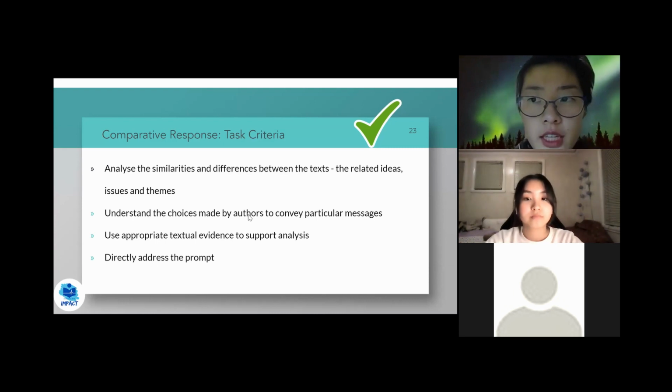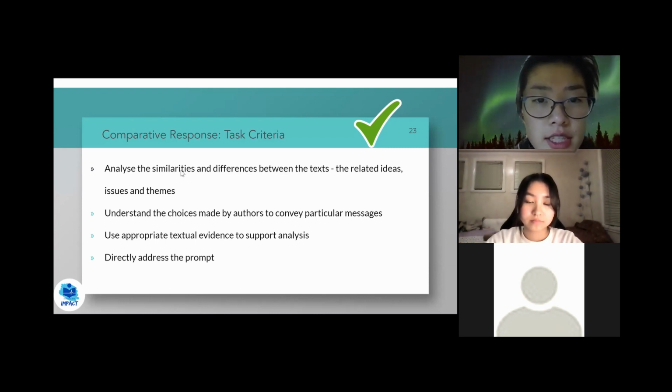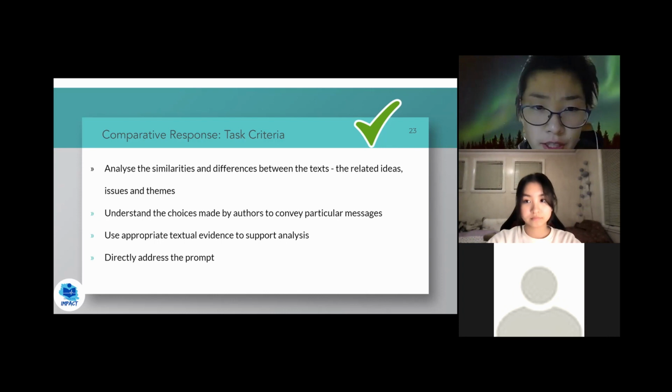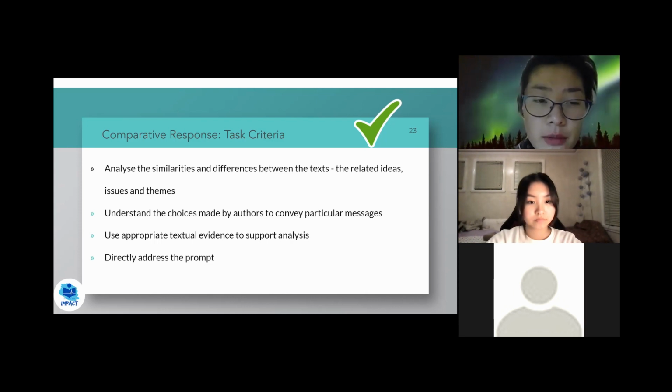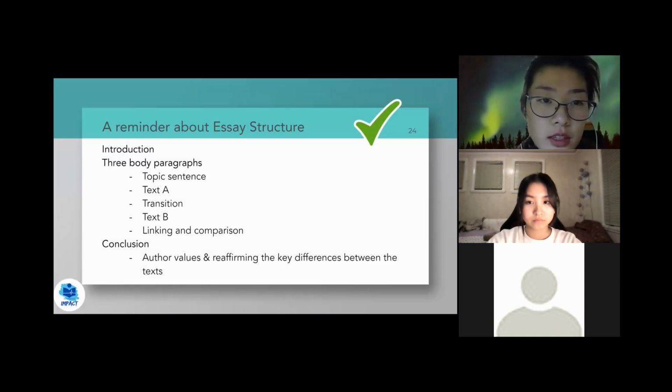Some of the key criteria here: we're analysing the similarities and differences between the texts, so that we understand the choices that are made by the authors to convey a particular message, and we want to use appropriate textual evidence to support our analysis, and finally, definitely address the prompt.